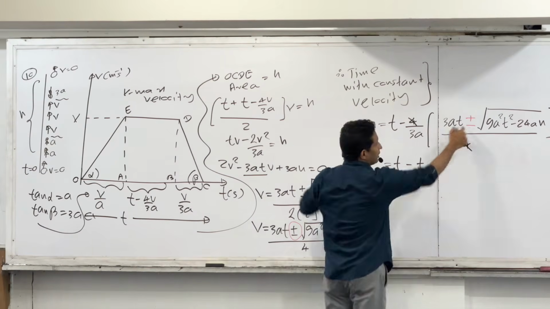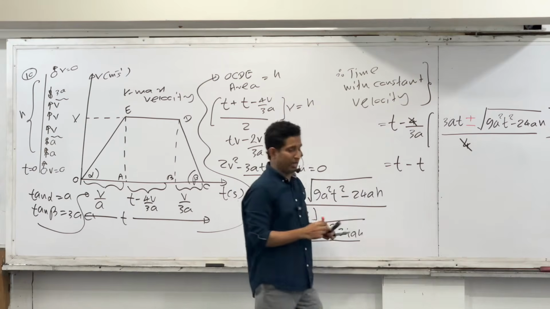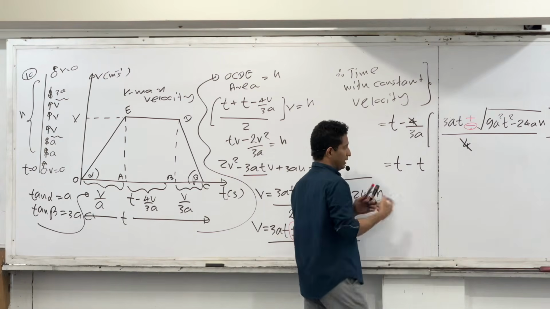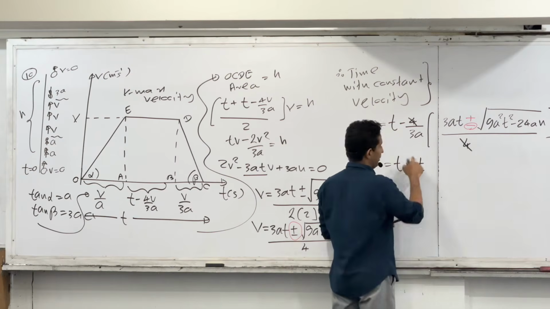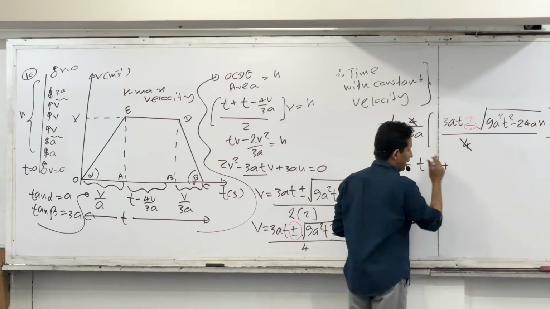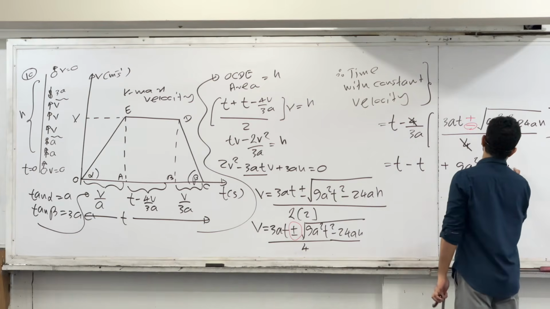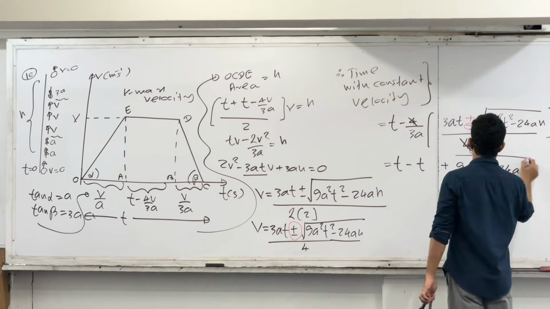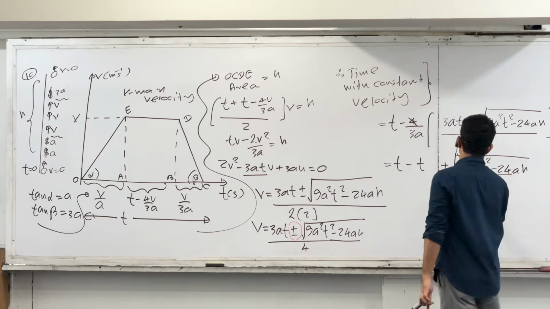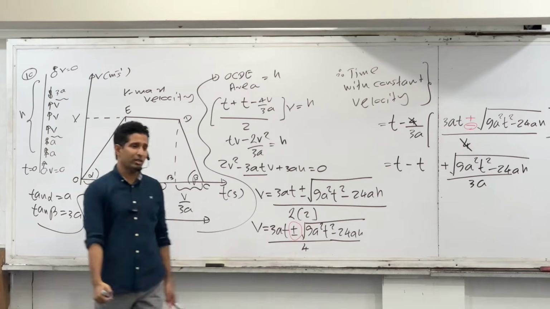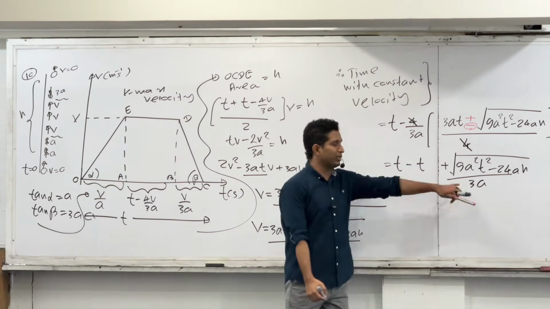it must be the minus case that comes here, right? So it comes: t minus, here plus, 9a squared t squared minus 24ah, square root, divided by 3a. Now the t to t cancel, and the square root divided by 3a has come.